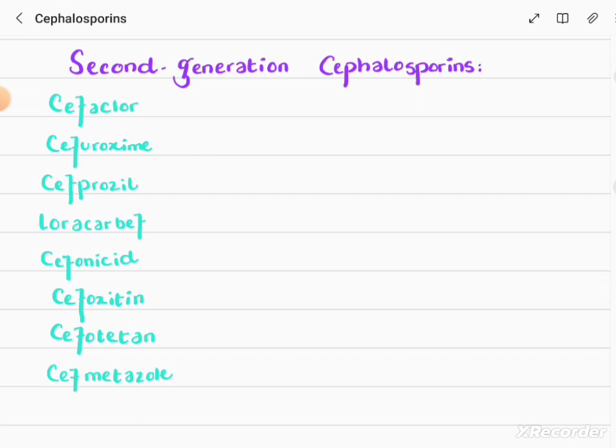We'll start with the pharmacokinetics of these drugs and then move towards the clinical activity or clinical uses of them. So cefaclor, cefuroxime, and cefprozil are given in oral formulations. Apart from these, all the drugs are given in IV or IM injection form.